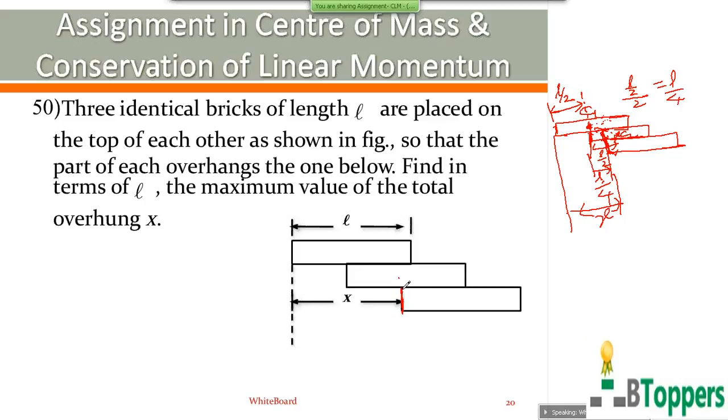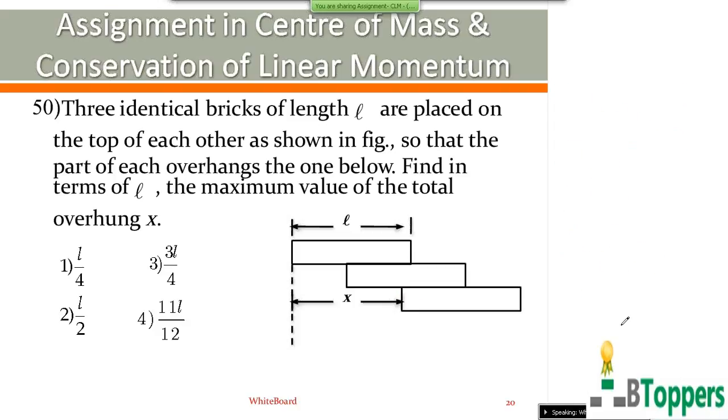Actually, it should be to the right side of this point, so at the maximum it can lie here. So the maximum value of x can be taken as L by 2 plus L by 4, that will be 3L by 4. So for question number 50, the third option is the answer.